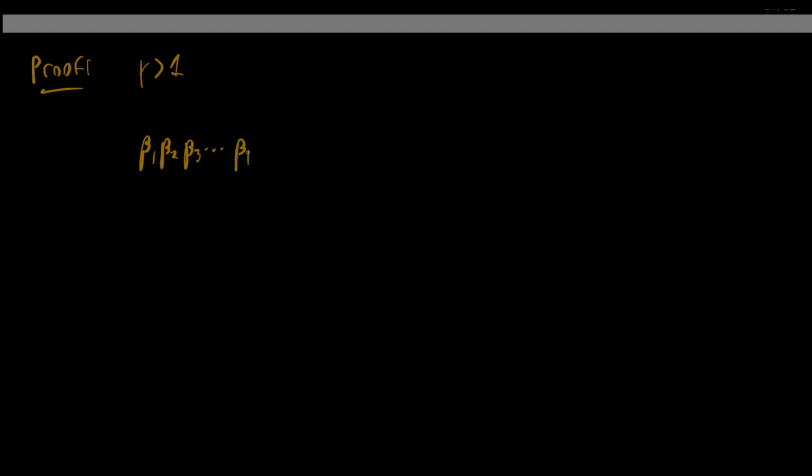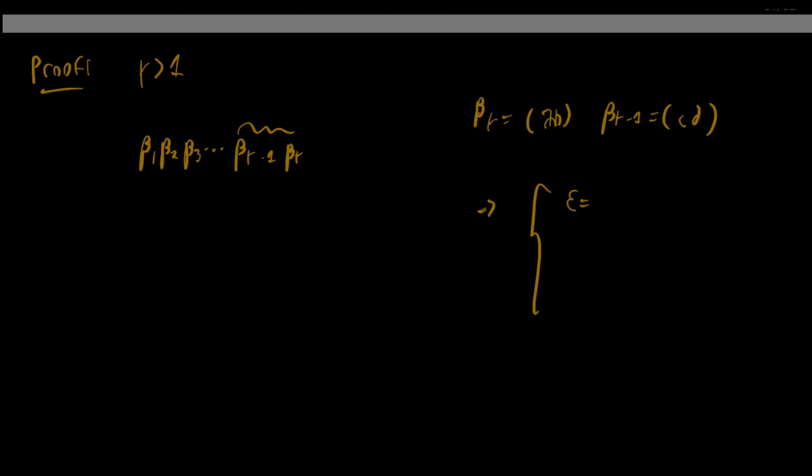We will take into consideration the last two elements of this long chain of products. In particular, suppose the last element, BR, we can call (A B), and BR minus 1 we can call (C D). Then the product can be written in one of these forms. It is either the identity, if both of them are equal to (A B), and remember that's because two cycles have order 2, or it can be equal to (A B)(B C).